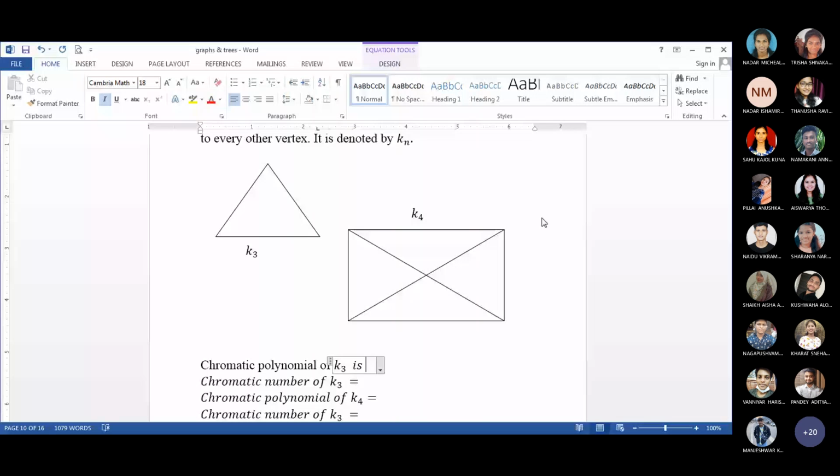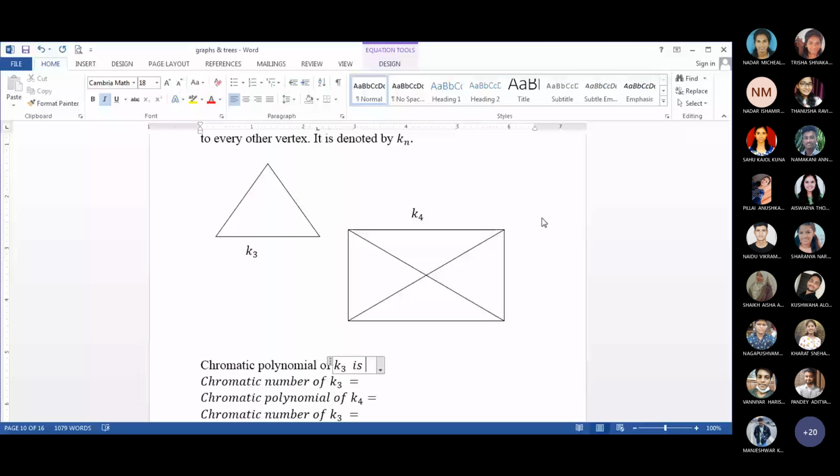Next, we try to generalize the formula for the chromatic polynomial as well as the chromatic number of a complete graph. So what will I get for K3?